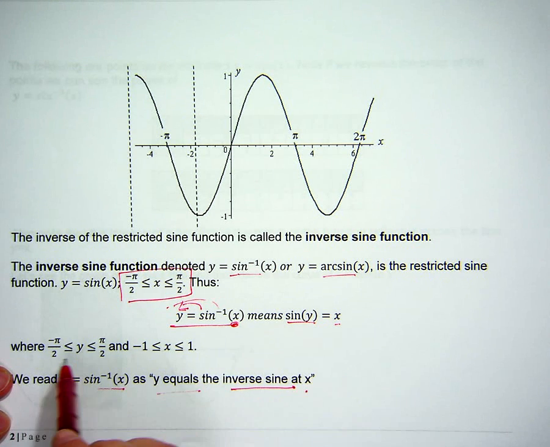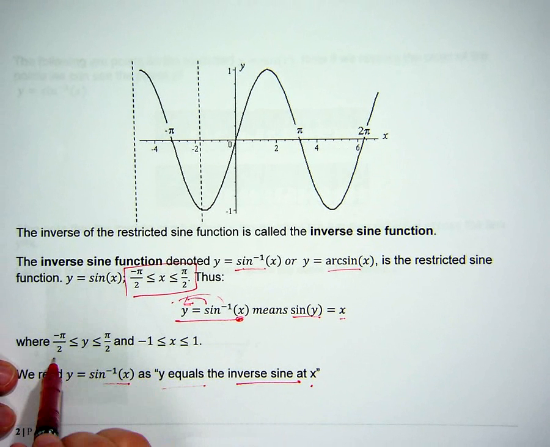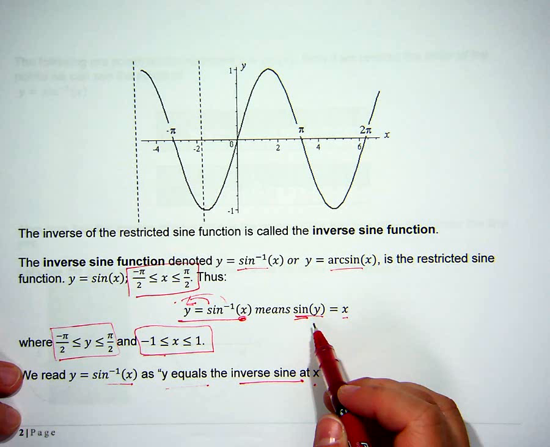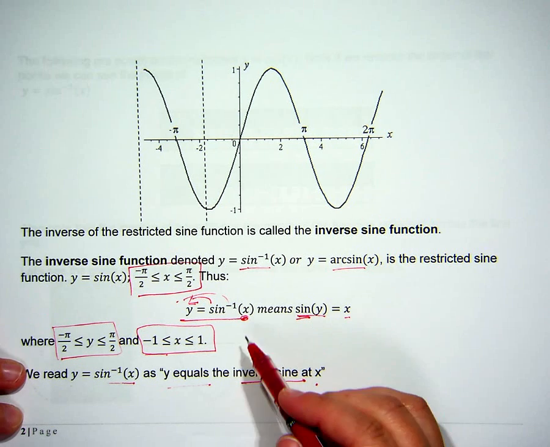This is just a statement that y is restricted between negative pi over 2 and pi over 2, so what's my x restriction? Your x restriction is the same as it has been: the sine values can only take on anything between negative 1 and 1. This is just spelling out those restrictions that we've talked about before.